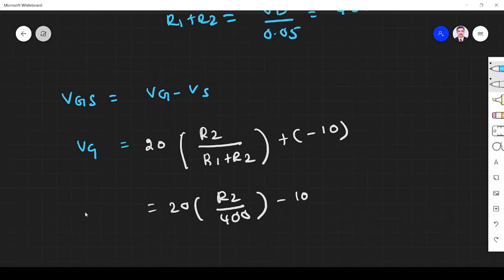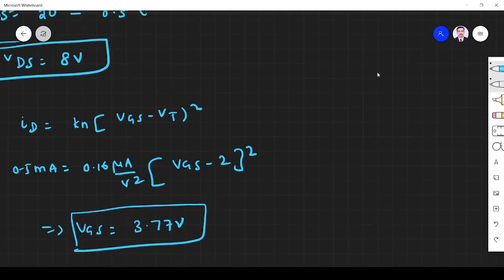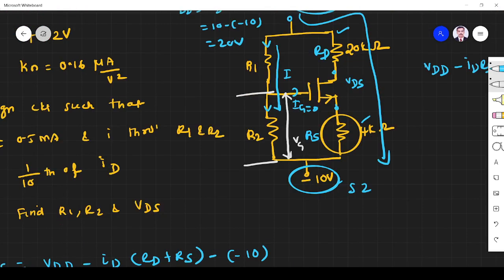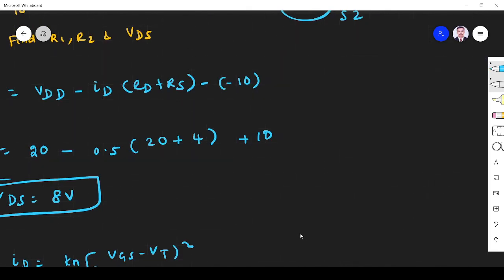What about VS? Let us go and check. This is the source voltage, the voltage from here to here. So VS is ID into RS plus -10, because ground is -10.